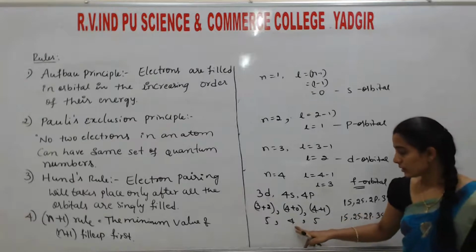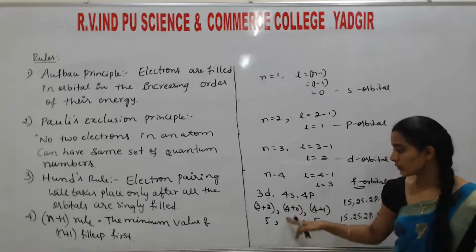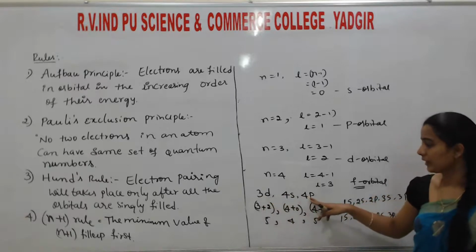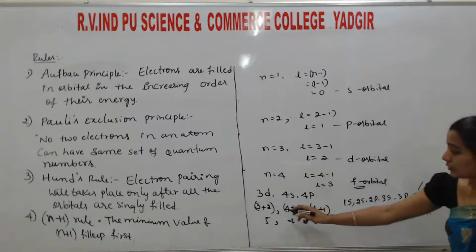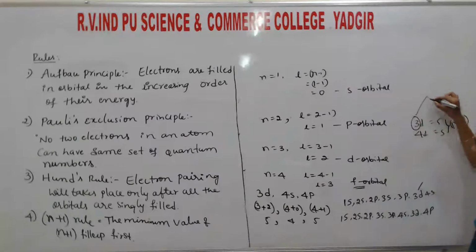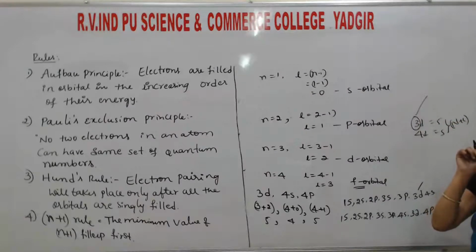So that's why the 4s orbital fills up first, followed by 3d and 4p. Here 3d has 5 and 4p also has 5. If the same n plus l value is there, students, then the orbital with the minimum n value has lower energy.